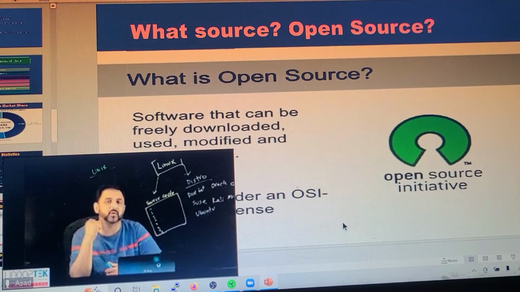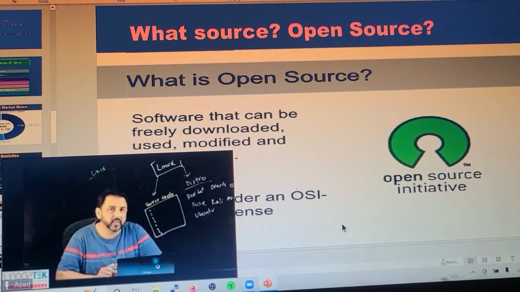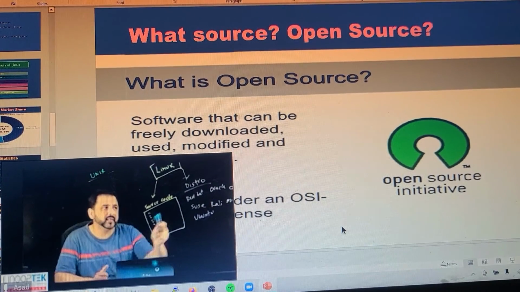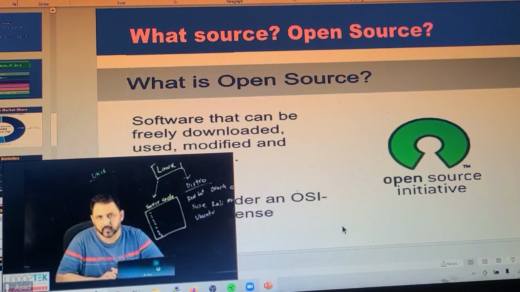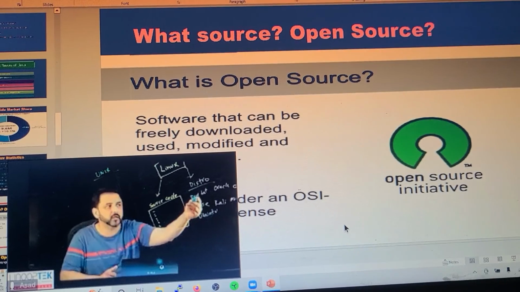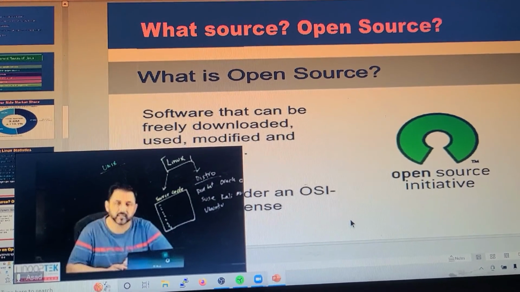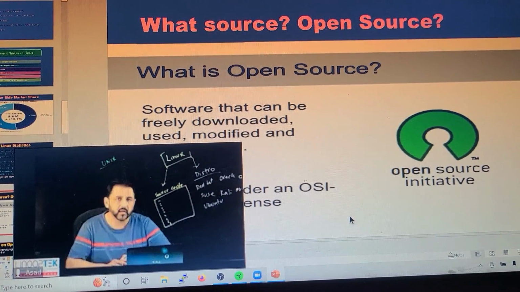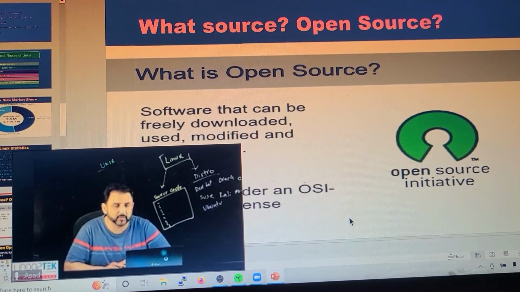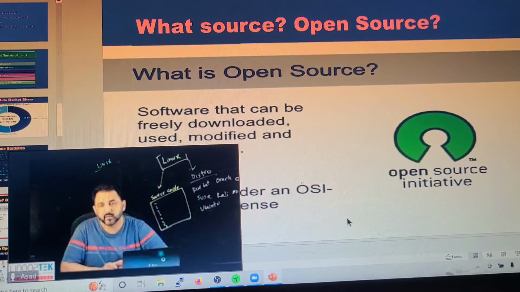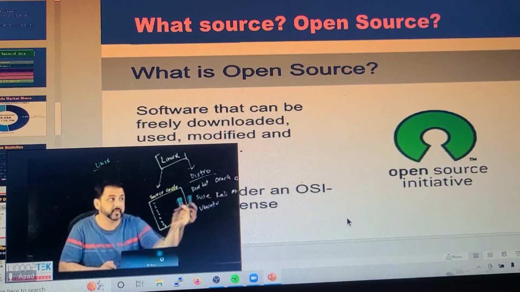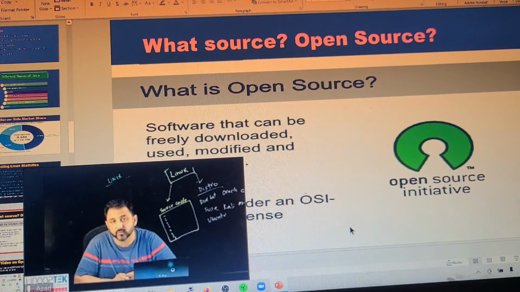Therefore, in today's world, when you see the enterprise, this is the main distribution in North America that your Fortune 500 companies or enterprise level companies use: Red Hat distribution. But if you go to Europe, you'll see SUSE is being adopted a lot, because they have a better marketing strategy over there.